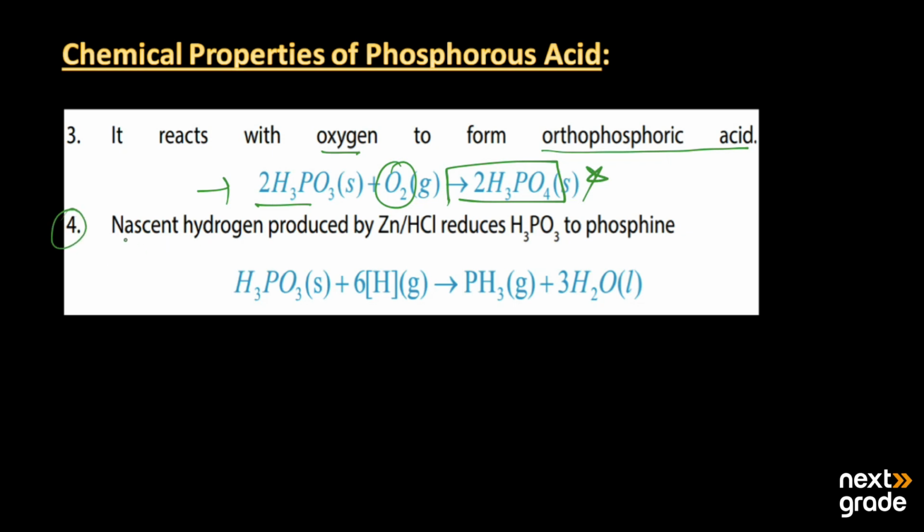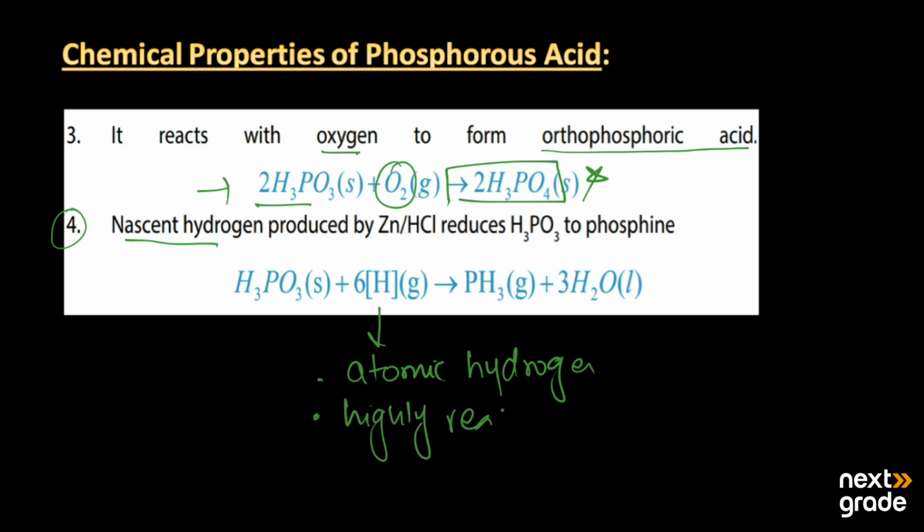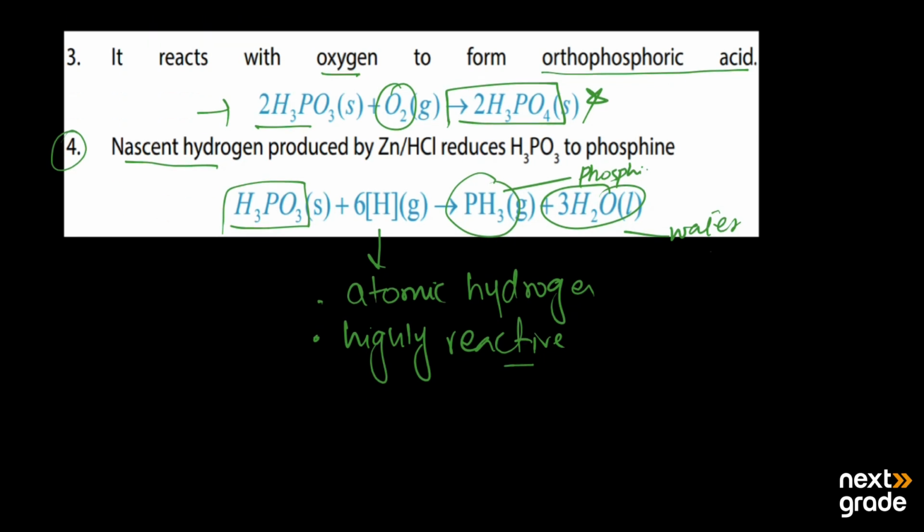Then number four: nascent hydrogen is atomic hydrogen, and it is highly reactive, so it can react with any substance. While reacting with phosphorus acid, it produces phosphine, PH3, along with water. So these are some chemical properties of phosphorus acid.